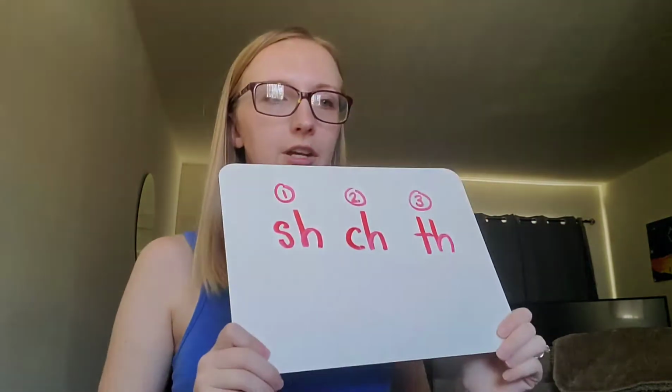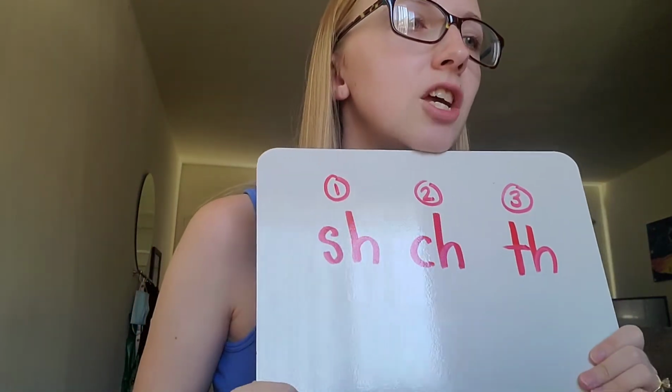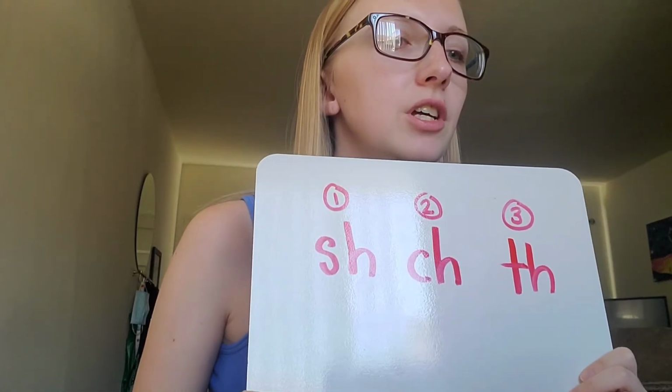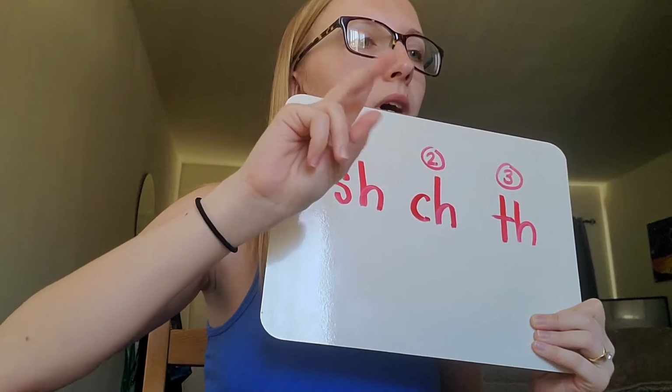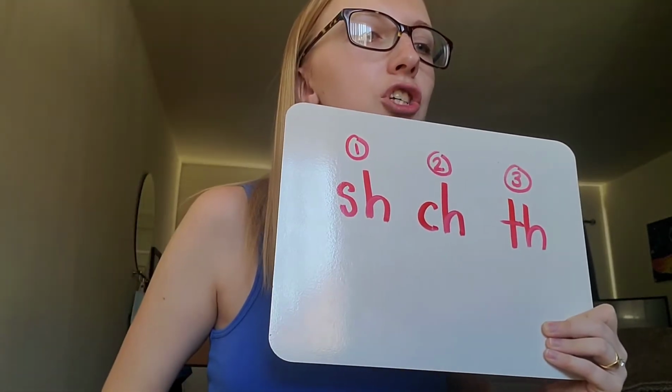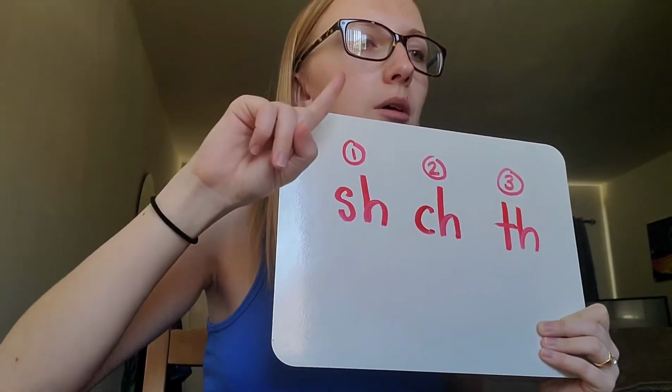Let's stretch it. Ready? Th. Umb. Thumb. All right. My next word is shelf. Shelf. What do you hear at the beginning? 1, 2, or 3? Shelf. Number 1. Let's stretch the word. Sh. Elf.